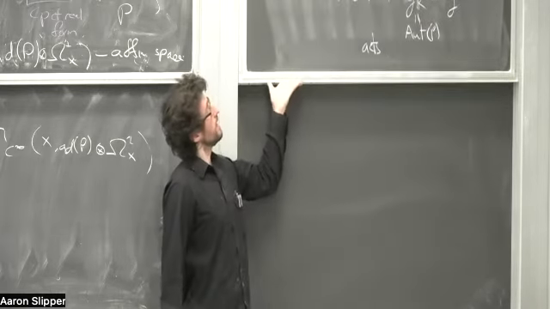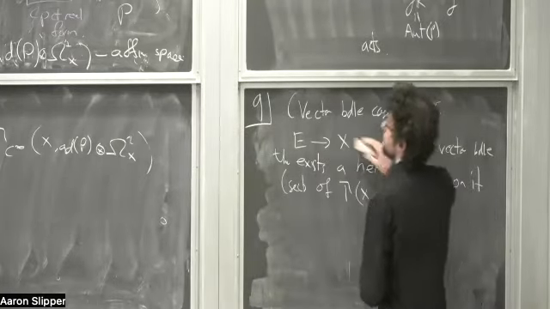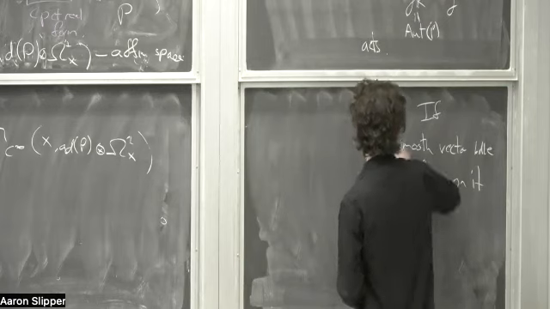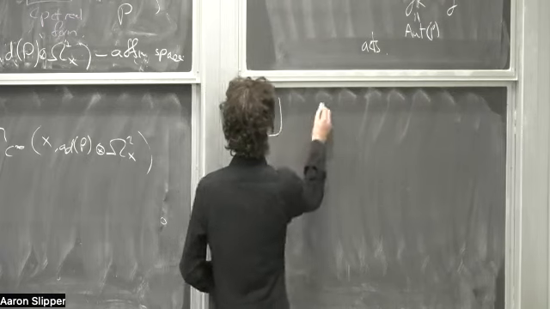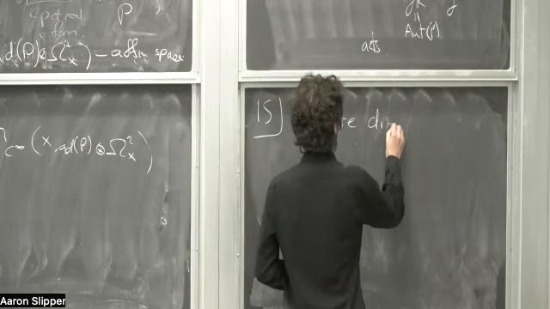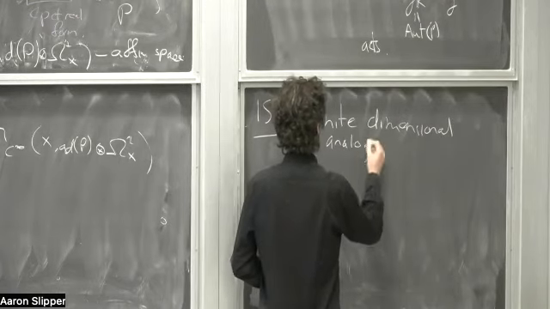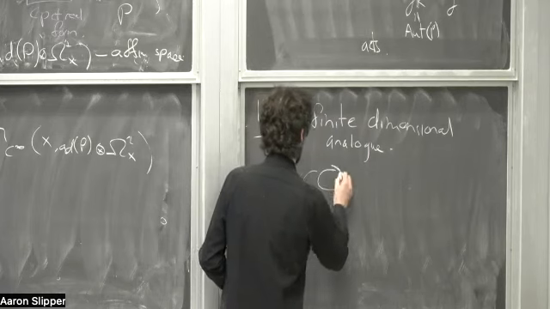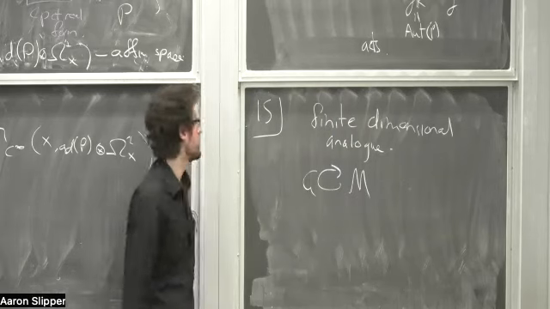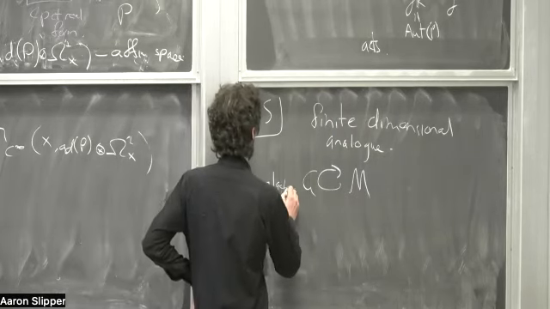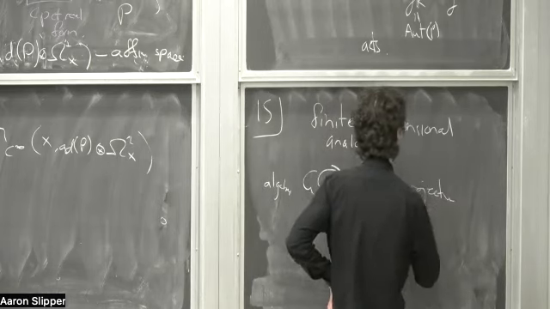So the finite dimensional analogue that we should be thinking of is as follows. I have G acting on some space M. Here, G is, let's say, algebraic, and M is, in fact, projective, and hence Kähler.